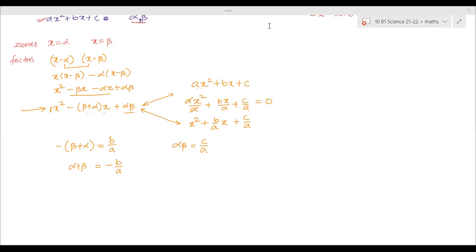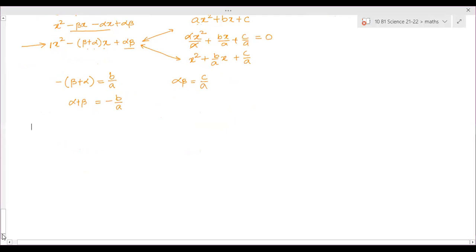Okay, now the questions based on this. The first type of question: verify the relation between the zeros and the coefficients of the variables in the polynomial. You are giving from the worksheet.